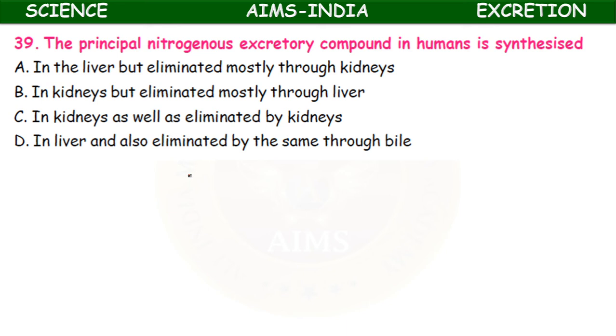The principal nitrogenous waste compound is urea. It is produced in the liver but eliminated mostly through kidneys. In the liver, the ornithine cycle takes place, during which ammonia is converted to urea.